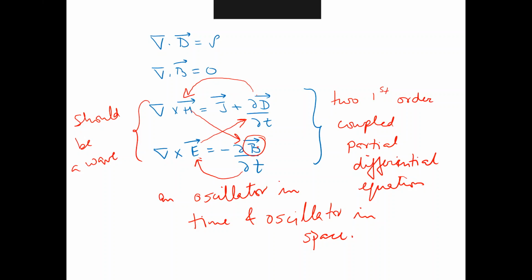I think it would be a good time to talk, but before I do that, we would be using this curl product a lot. So let me make sure that you understand the curl product. Let me just summarize that.